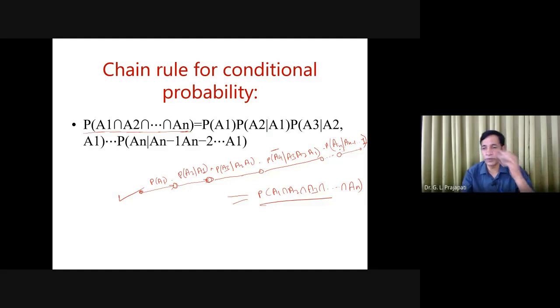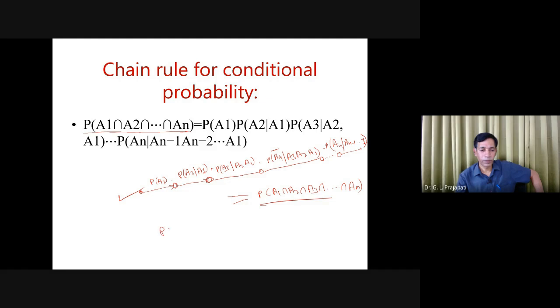If you want to compute the probability for An, you have to know that the events An minus 1, An minus 2, up to A1 have already occurred, and on the basis of this information you compute.